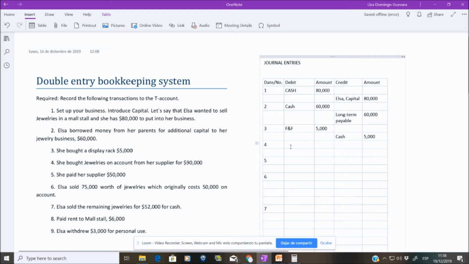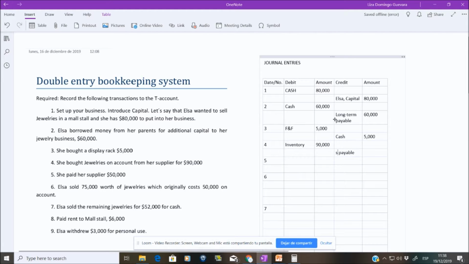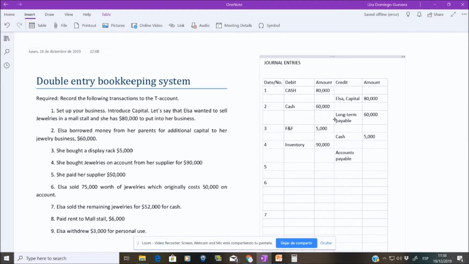So we will debit inventory of 90,000 and credit accounts payable of 90,000. Number five, she paid her supplier in the amount of 50,000.